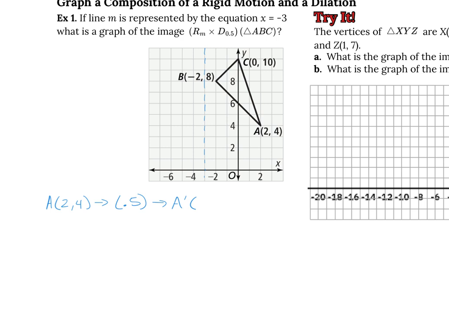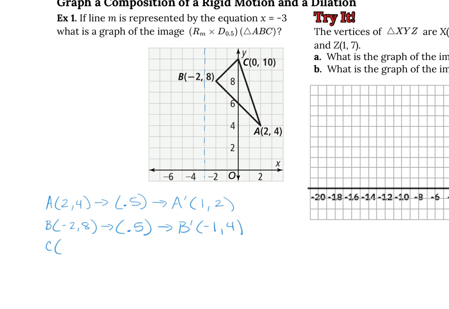I'd take half of 2 to get 1, half of 4 to get 2. Do the same thing with B. Again, my factor here is 0.5 or a half. So B prime. Half of -2 is -1. Half of 8 is 4.